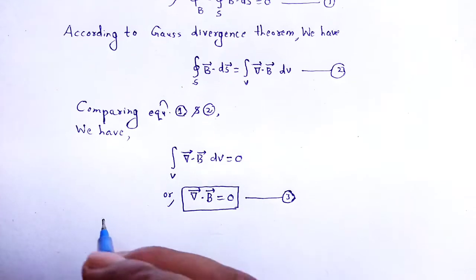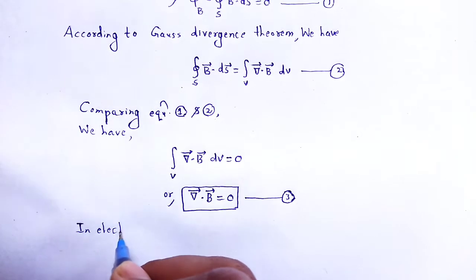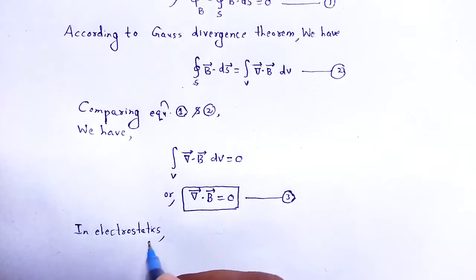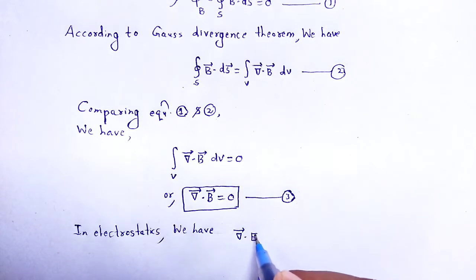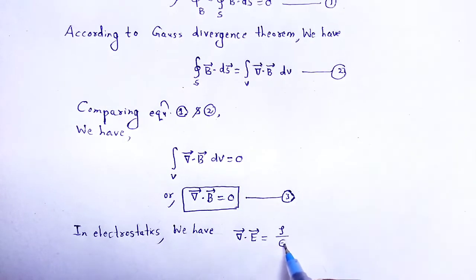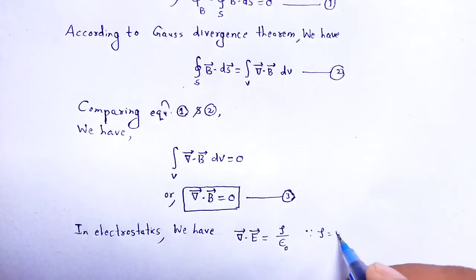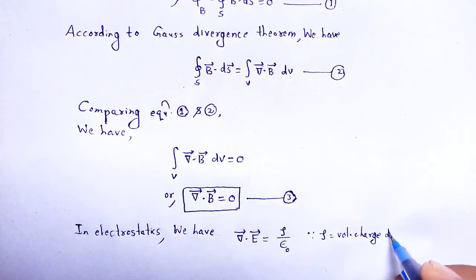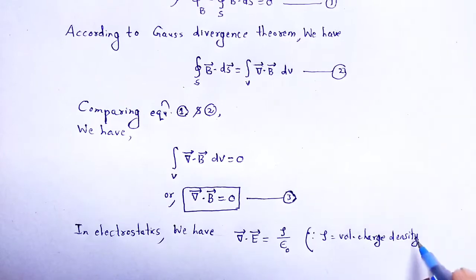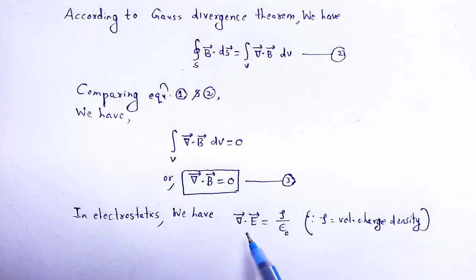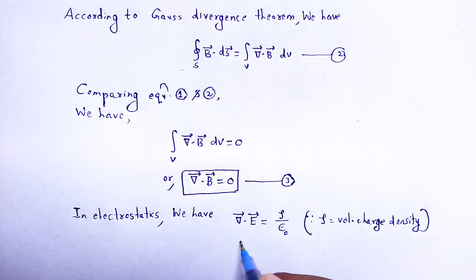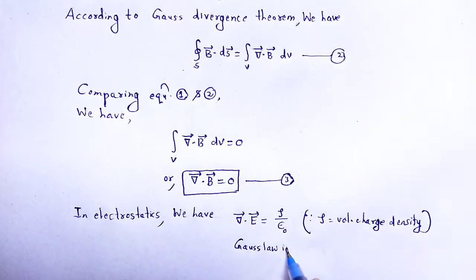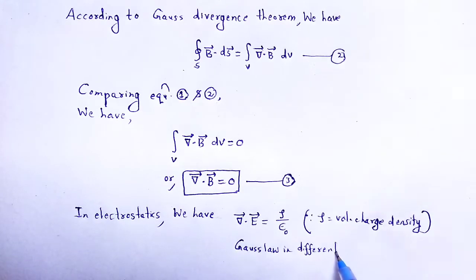Again, in electrostatics, we have grad dot E is equal to rho divided by epsilon naught, where rho is the volume charge density. That is Gauss law in differential form.